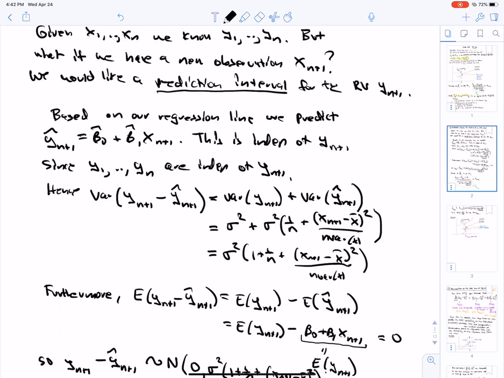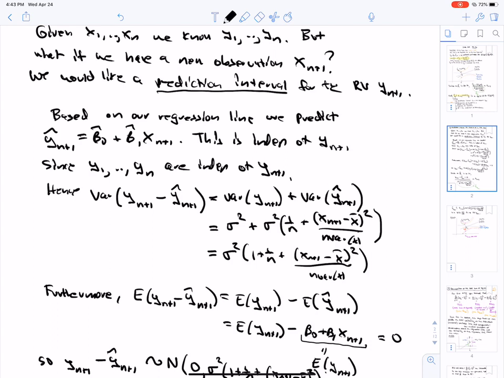So hence the variance of the residual yn plus 1 minus y hat n plus 1 would distribute, and we know the variance of yn plus 1 is just sigma squared, and the variance of y hat n plus 1 is the formula that we saw above for the variance of the regression line.